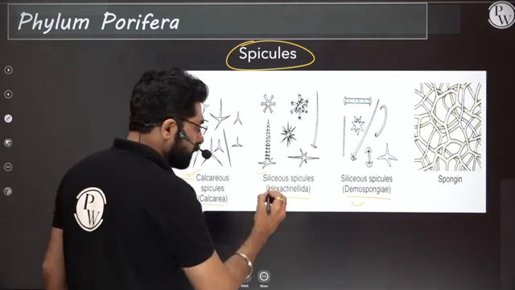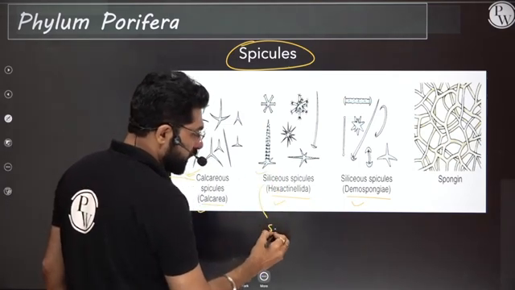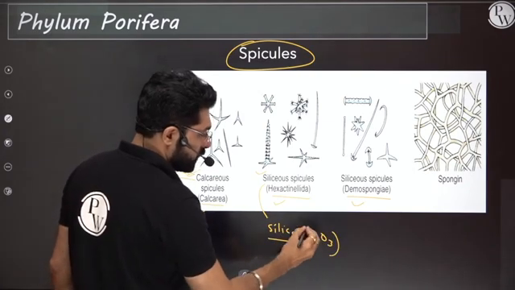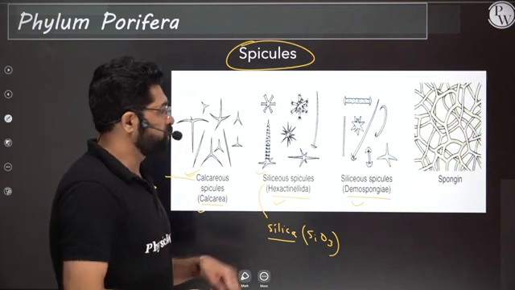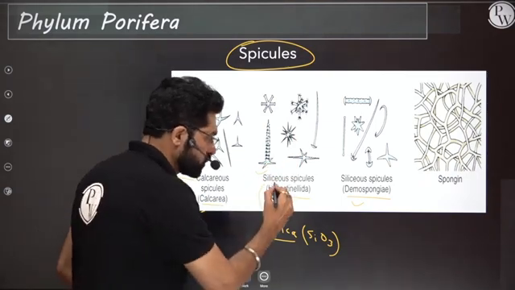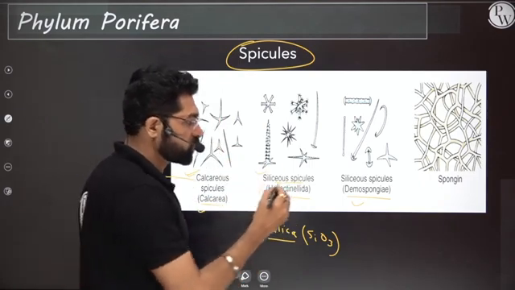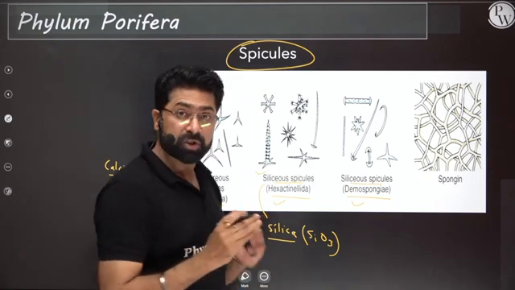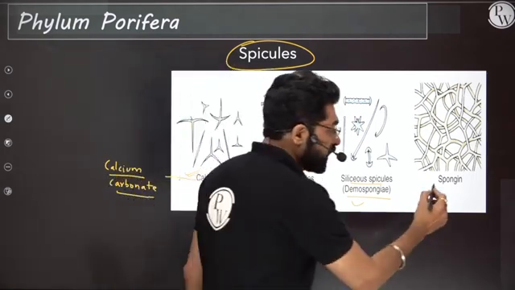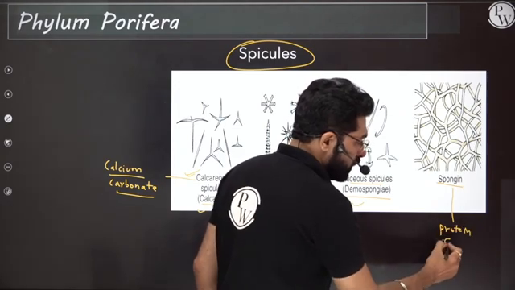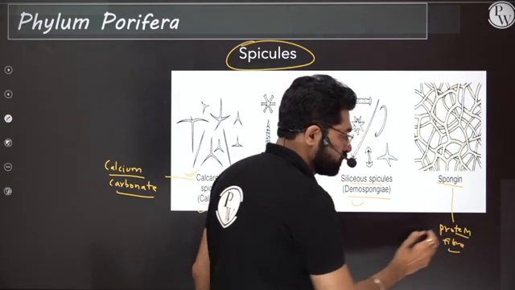The spicules made up of silica, that is SiO2, I think, are siliceous spicules. In Demospongia also there are siliceous spicules, but they may have some protein fibers also. Spongin is a protein fiber.